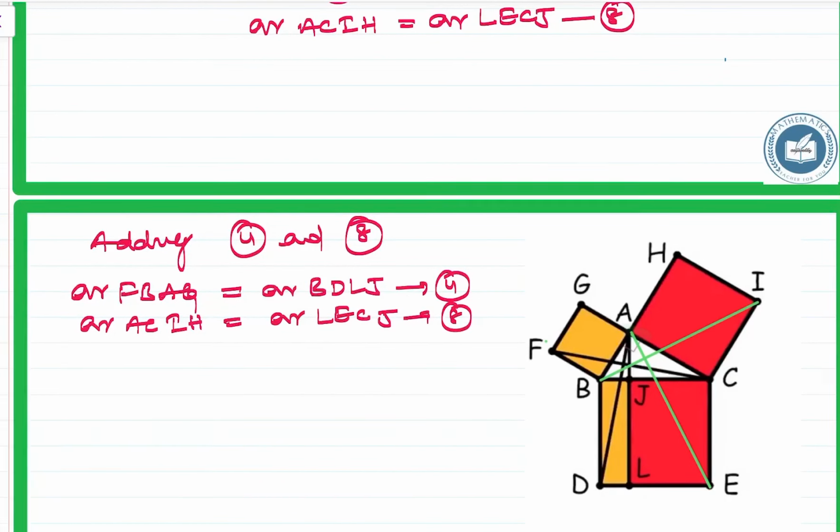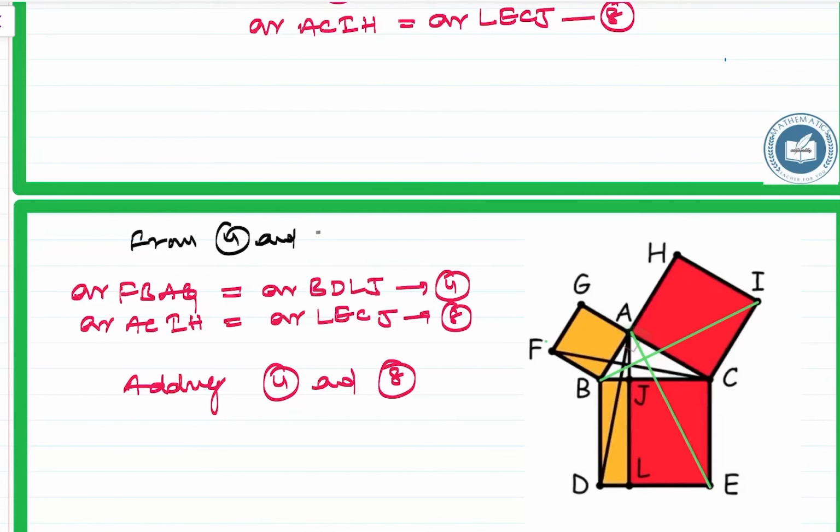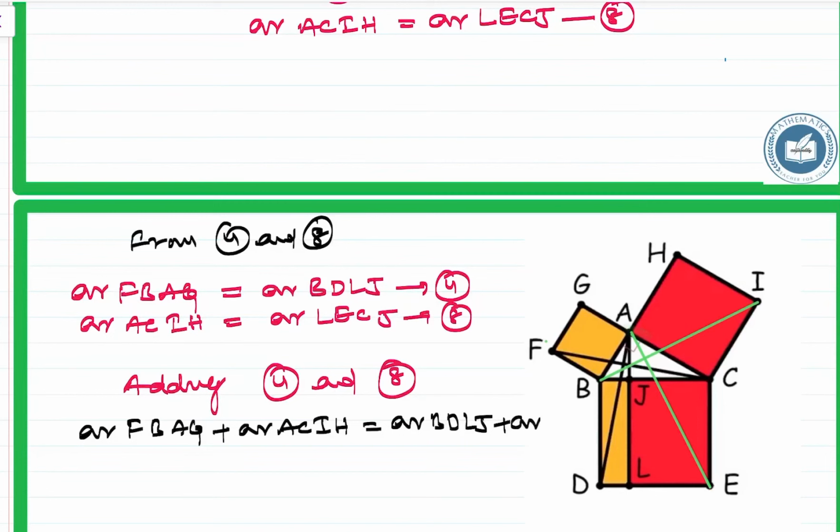Adding these two, from 4 and 8, we get the area of FBAG plus the area of ACIH is equal to the area of BDLJ plus the area of LECJ. You know that one.